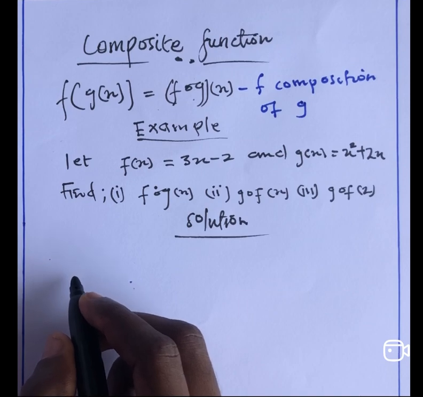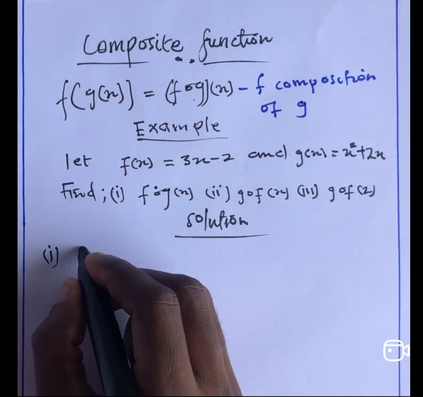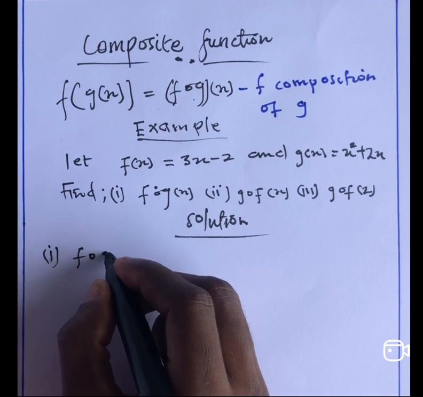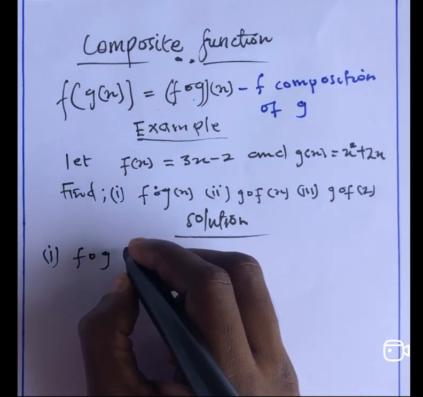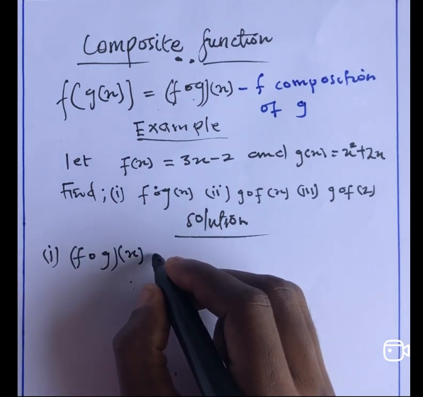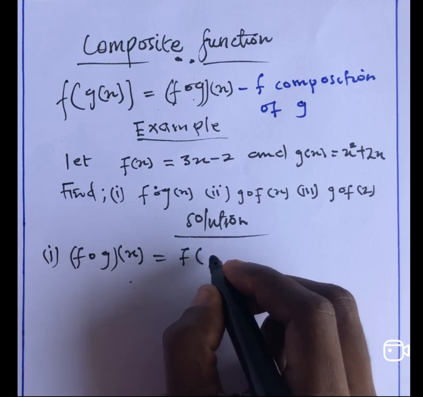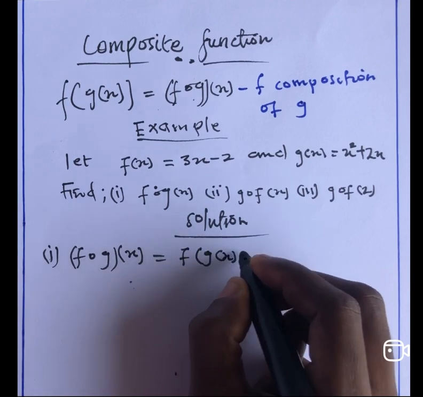Now let's start with the first one. So we are saying that f composition of g of x can also be written in this form: f of g of x.